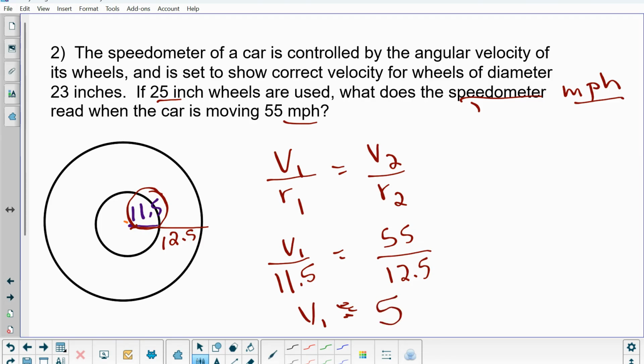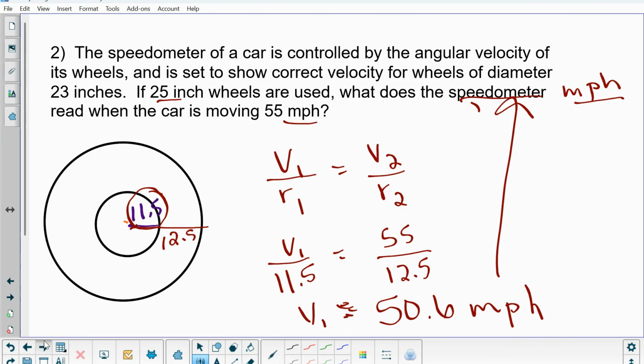So the speed of the car when it has an 11.5-inch wheel on it is 50.6 miles per hour, which means that's what your speedometer would say, which means if you think you're going 50.6 miles per hour but are actually going 55, it could cause you to be speeding and get in trouble, right? You could get caught. So this is why if you ever get new size tires on your car, you're supposed to get the car readjusted to match those tires.